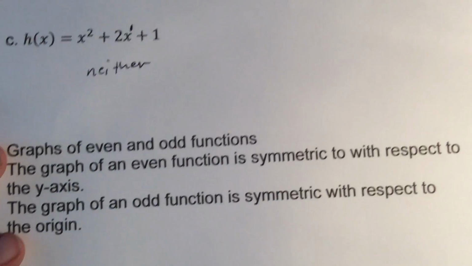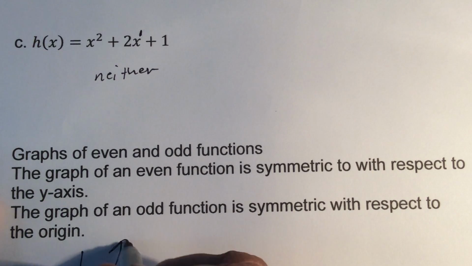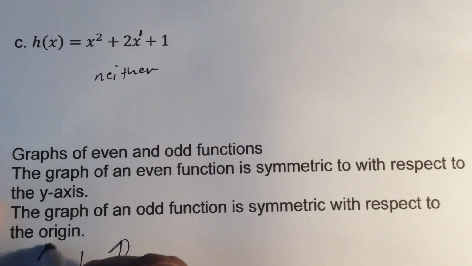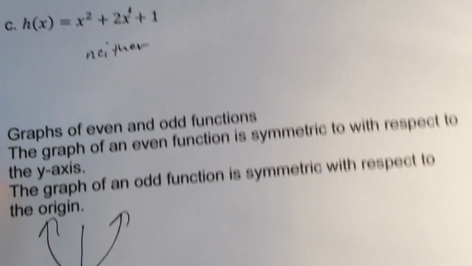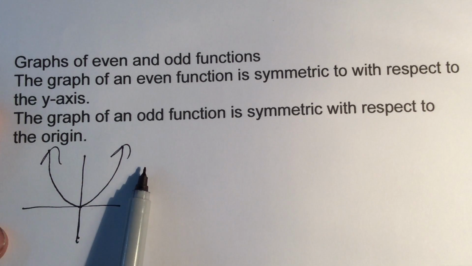Now, as far as graphs go, the graph of an even function is going to be symmetric with respect to the y-axis. So if I drew this out, if I flip it across the y-axis here, the graph would match up on either side.